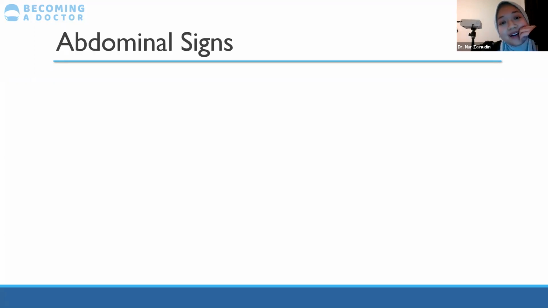Abdominal signs, not very common, but I think they show up in exams quite a lot. Murphy sign, if anyone knows what that is, can share them in the chat.